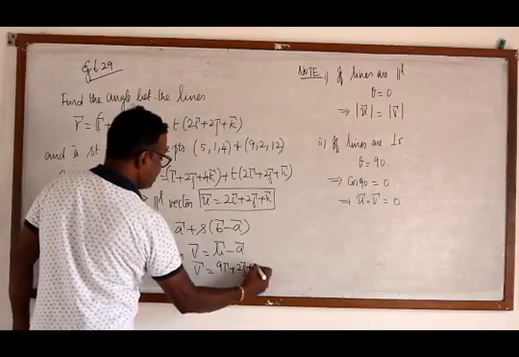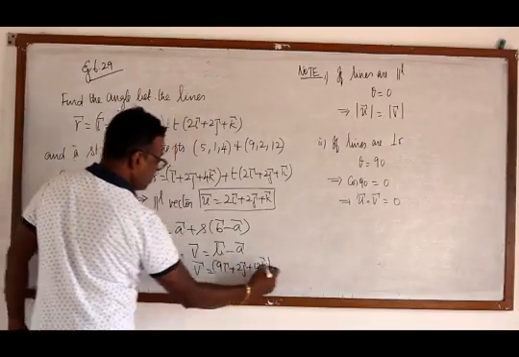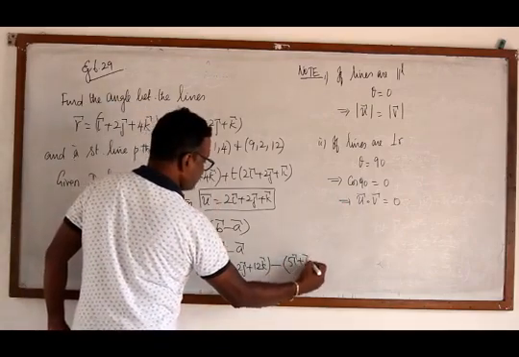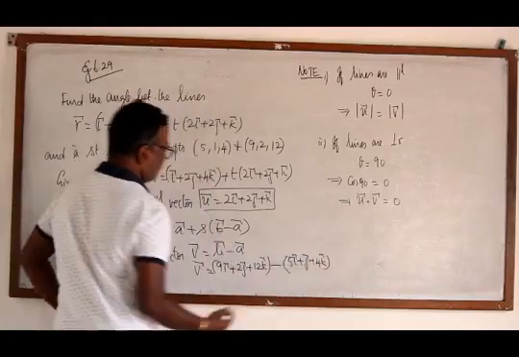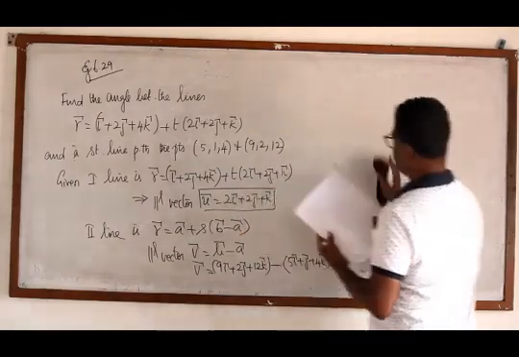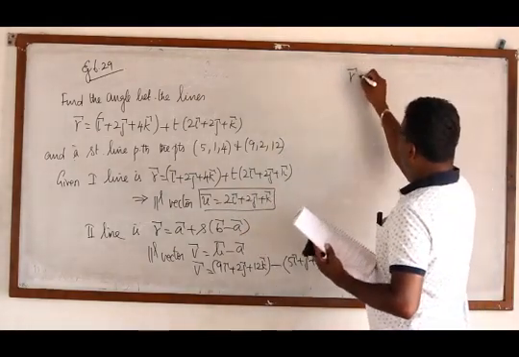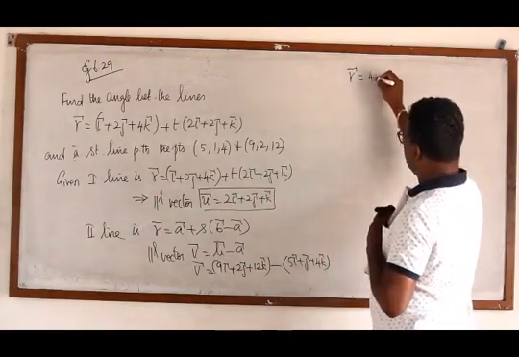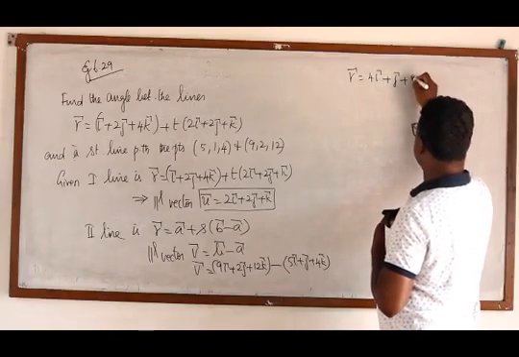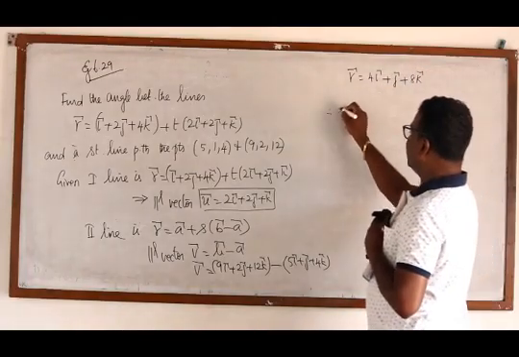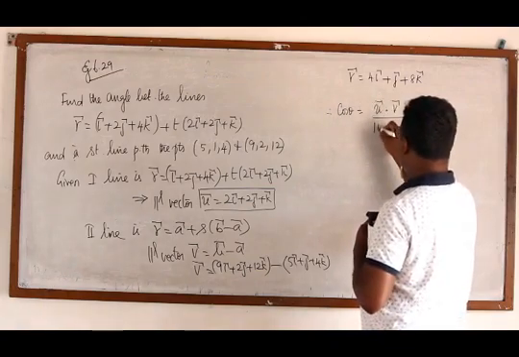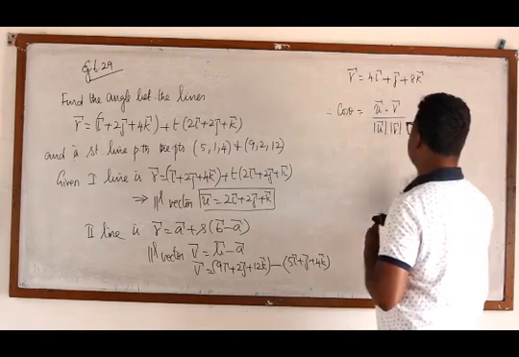That is, v vector equal to 9i plus 2j plus 12k minus (5i plus j plus 4k). When we subtract, v vector equal to 4i plus j plus 8k. This is the v vector. Therefore, cos theta equal to u dot v by modulus of u into modulus of v.